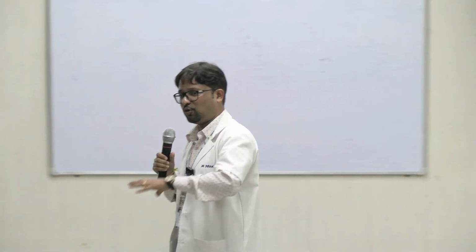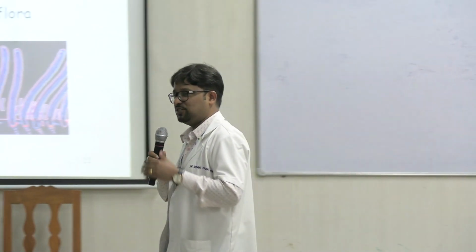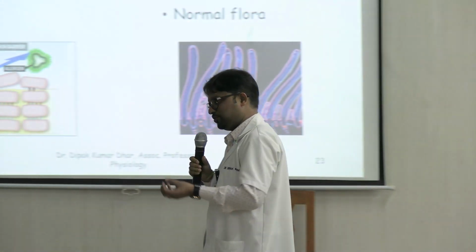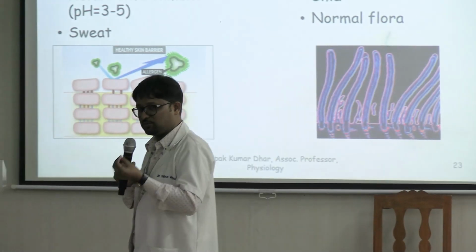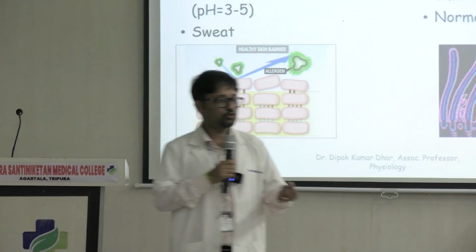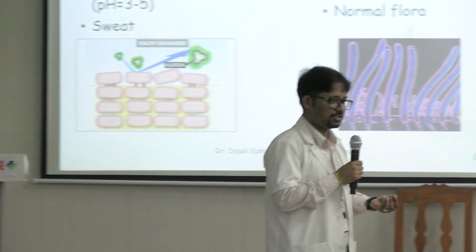Otherwise what will happen? Suppose in all mucosal surfaces we have this mucus secretion. Think of the respiratory tract, there is a lot of mucus, and there are a lot of organisms trapped in it. If these are not expelled and stay for a long time, this will serve as a source or nidus of infection.